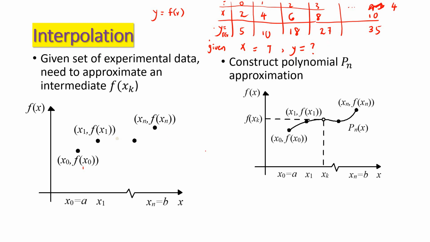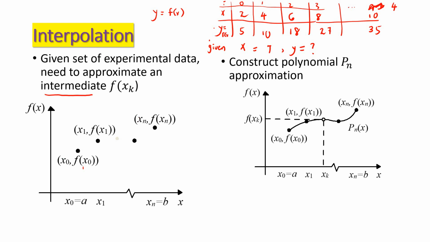Even though you can plug in to get a value, it is not accurate. So make sure the x that you are going to estimate is inside the range from x0 to xn, and you can only estimate f(xk) contained inside x0 to xn.